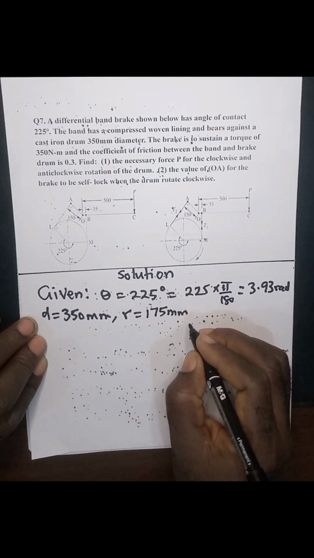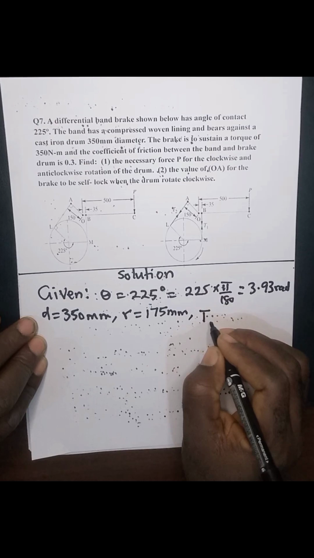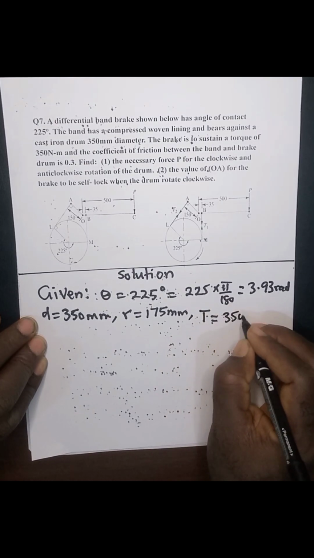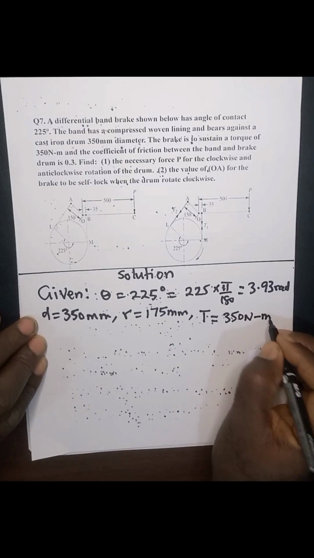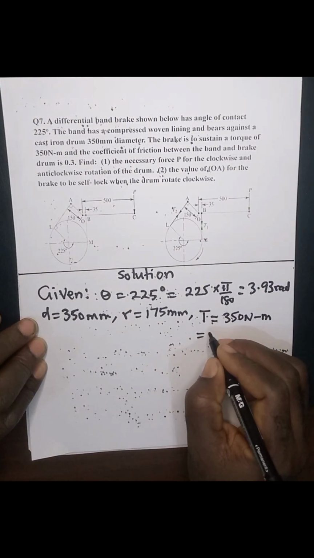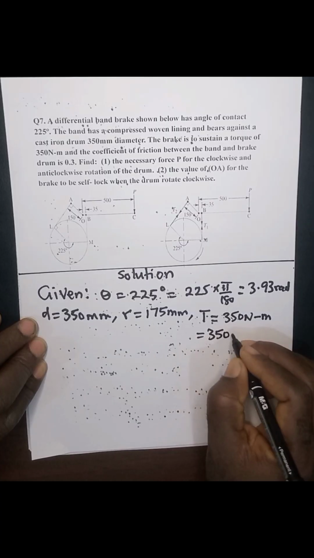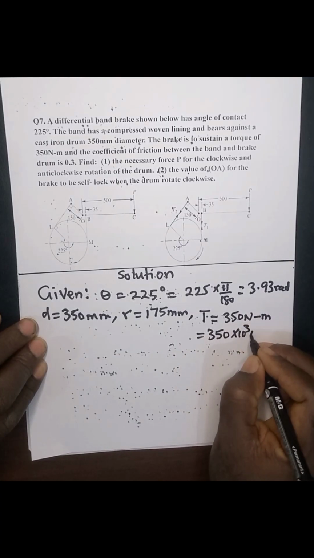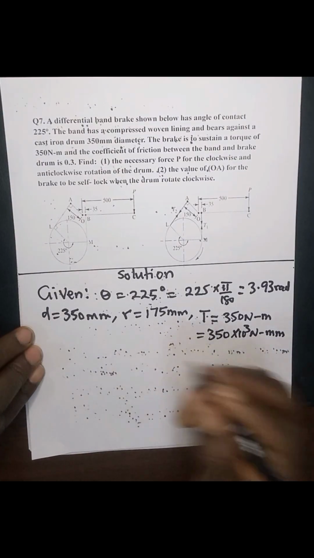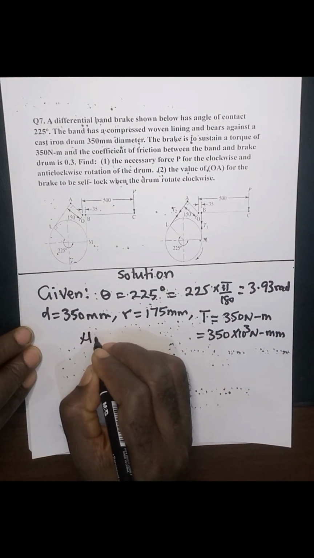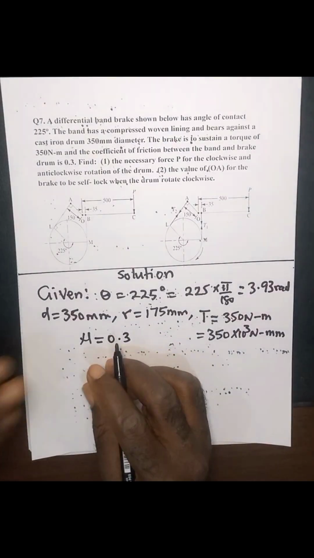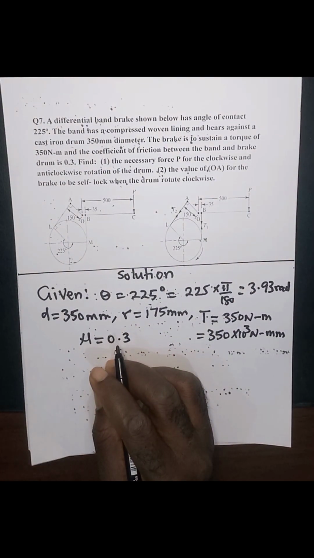Then also, we are given the torque transmitted, T, which is equal to 350 Newton meter, which is the same thing as 350 times 10 raised to power 3 Newton millimeter. And again, we are given the coefficient of friction to be equal to 0.3. Now, let us start the journey.